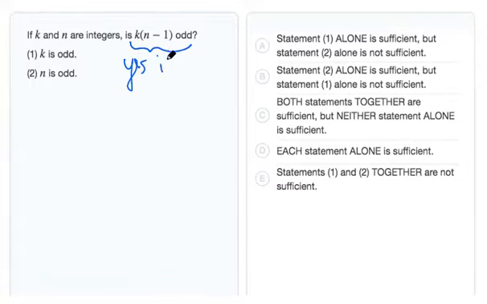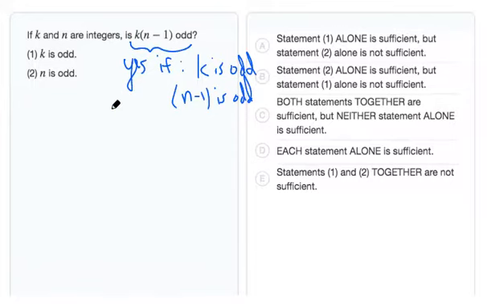Yes, if both k is odd and n minus 1 is odd. That's what we would need in order for the product to be odd.